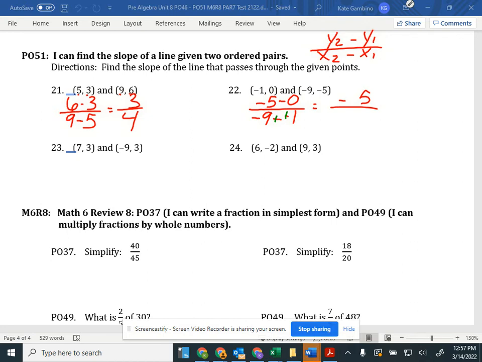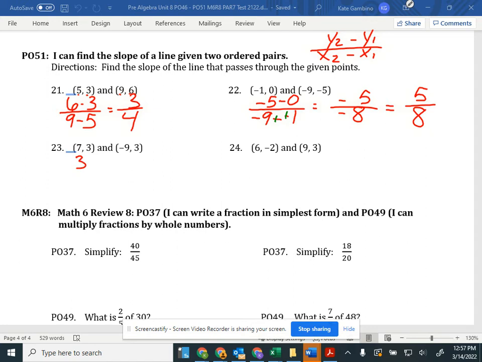So -9 minus -1 is really -9 plus a +1, which is a -8. Negative over a negative gives me a +5/8.